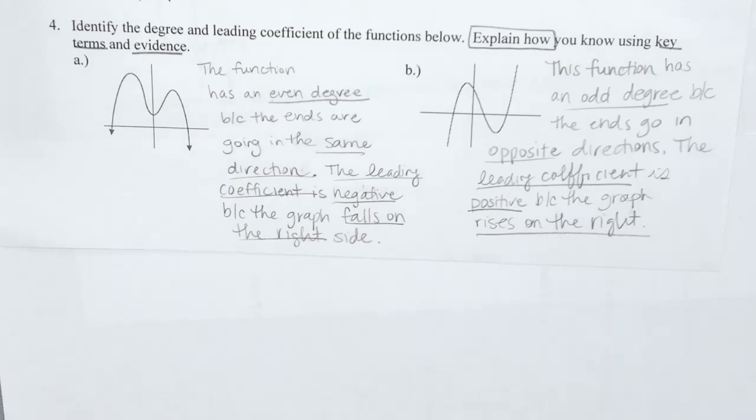But will you say what you said again? You said they go in both directions. Yeah, that should be okay. I'd rather have you say like one up, one down. Yep.